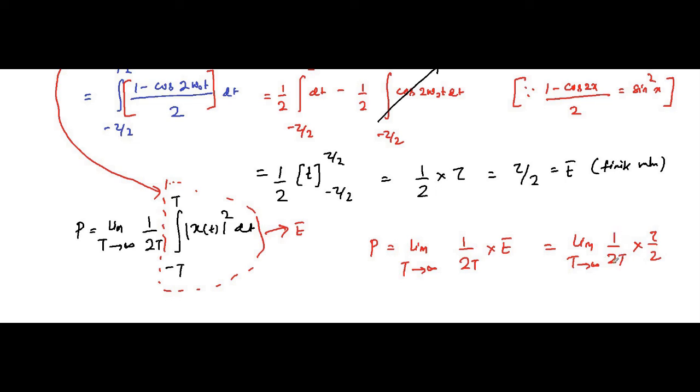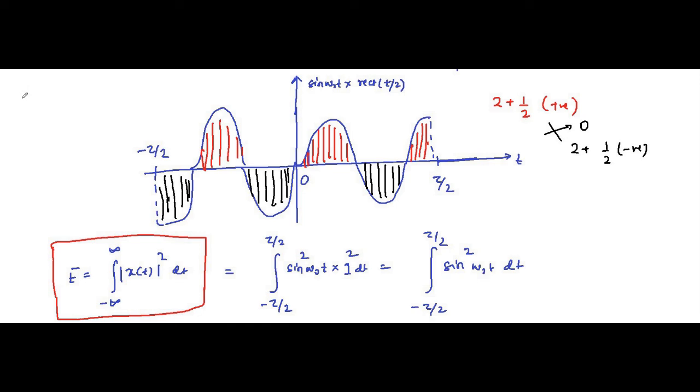Here T is infinity, and tau by 2 is a finite value. So it will be a finite value divided by infinity, which is equal to 0. So power is equal to 0. In this function, we got finite energy and 0 power.